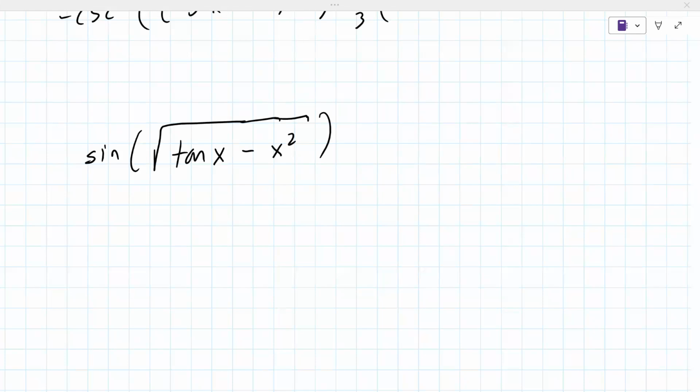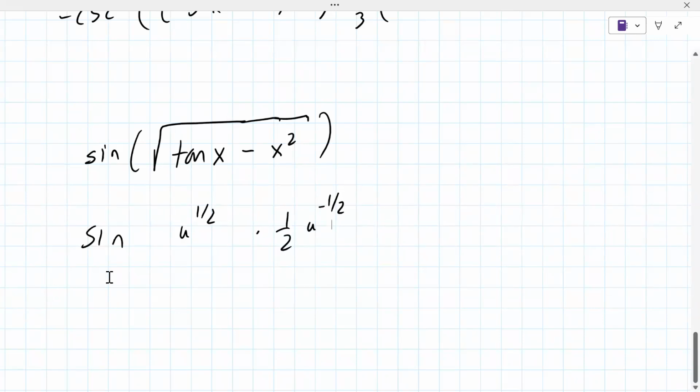So sine of u to the 1/2 times 1/2 u to the power of negative 1/2.